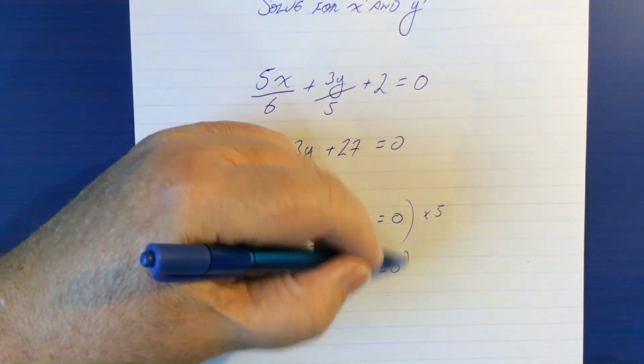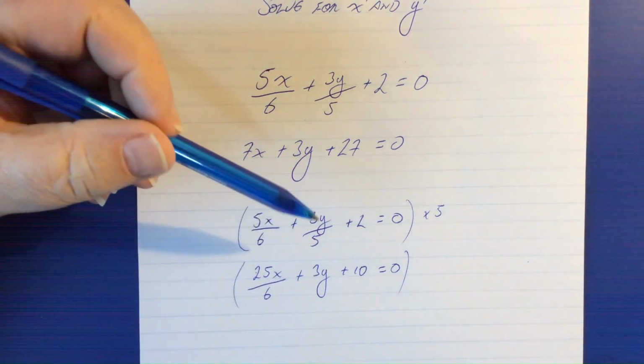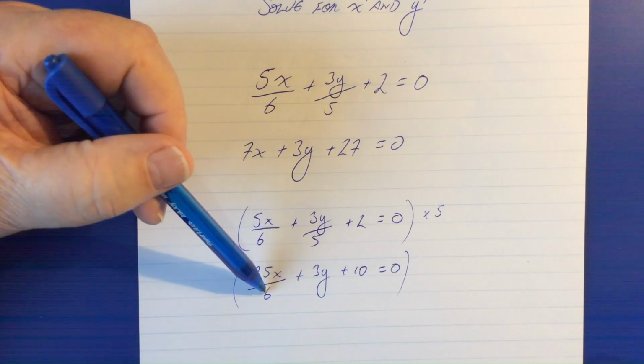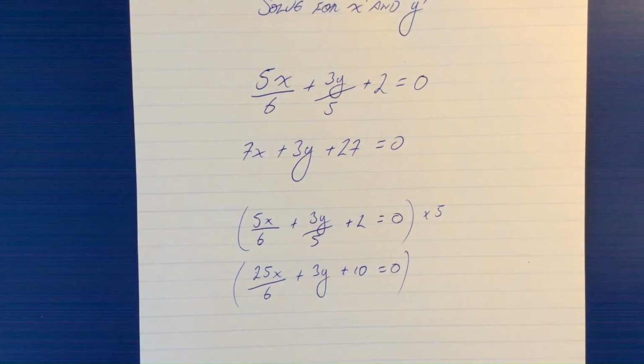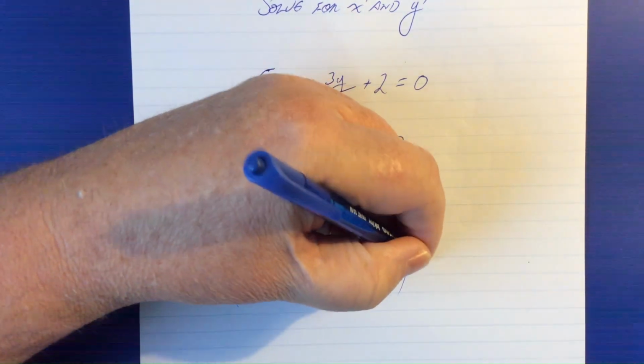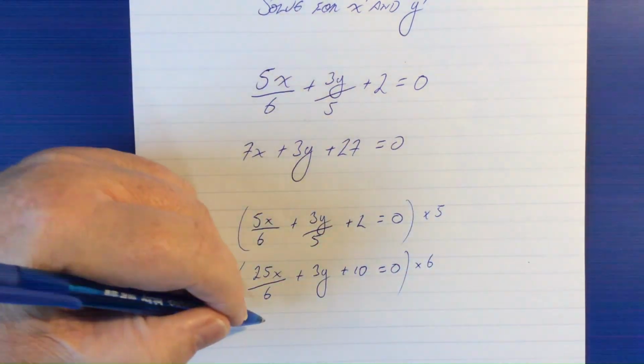Now the next thing I'm going to do is multiply by 6 to get rid of this denominator. Now I could quite easily have done this all in one step, but this shows you exactly what goes on.